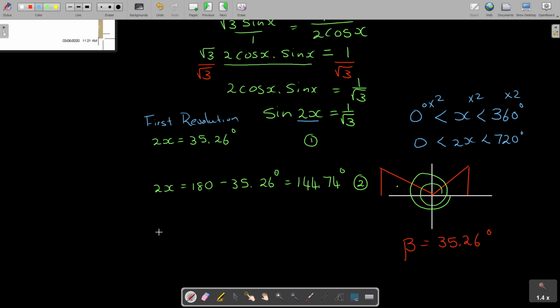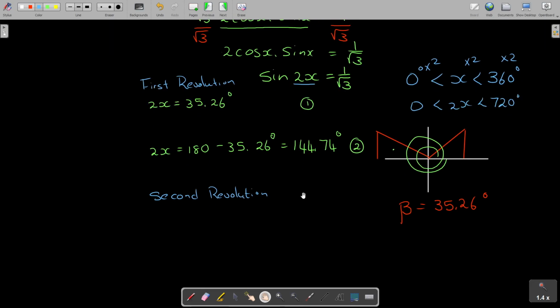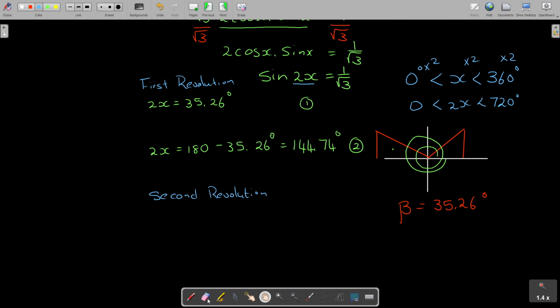And now I'm going to go for my second revolution. I take the first one. What is the first one? Again, it's 2x, and it's that 35.26, so it's this one and this one. So it's the 35.26 that I add a revolution, 360.